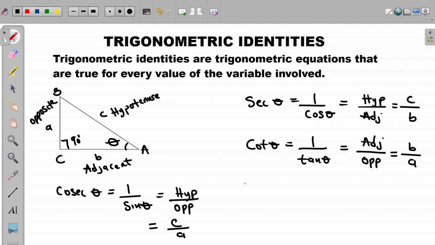Hence, we can also establish that cot theta is equal to cosec theta divided by sec theta.